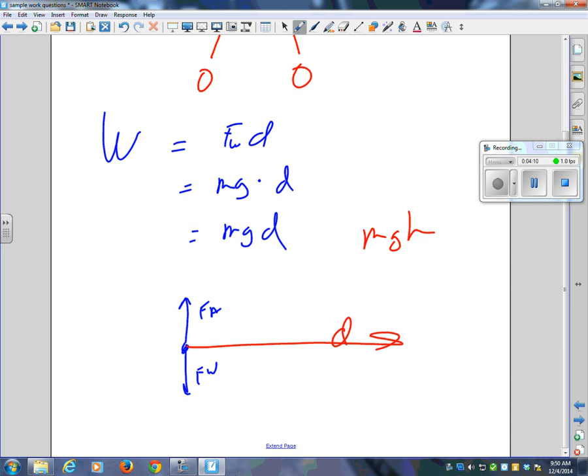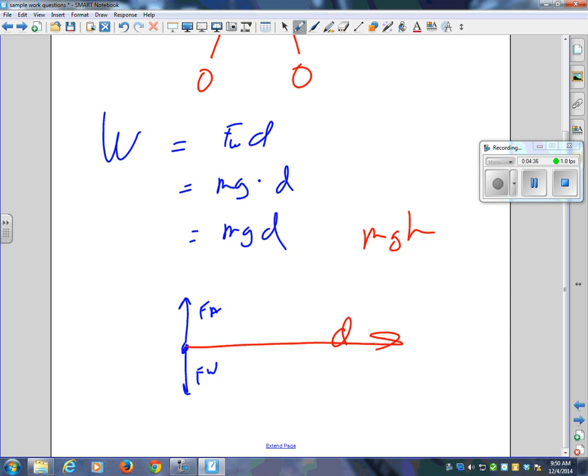Inward, towards the center of the circle, but the distance or the displacement is not in the same direction. So once again, what does it say? No energy transfer, i.e., no work done. There's a lot of non-work happening here, a lot of cases where there's no work.